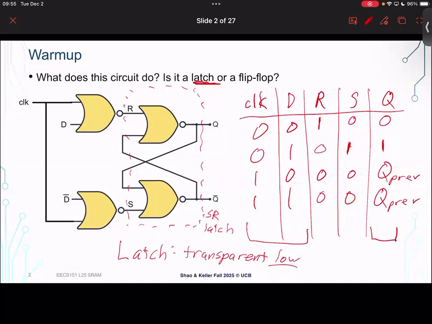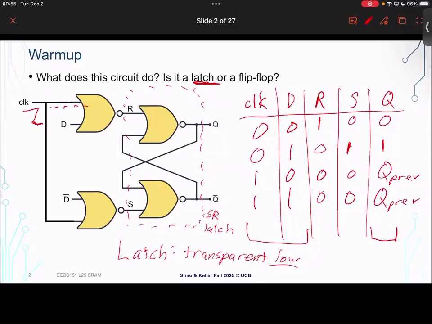Yes. Oh, good question. So let's see, when the clock rises, or rather when the clock falls in this case to make the latch transparent, and let's assume D is already switched to the previous value, right?